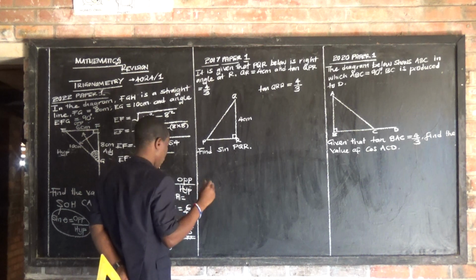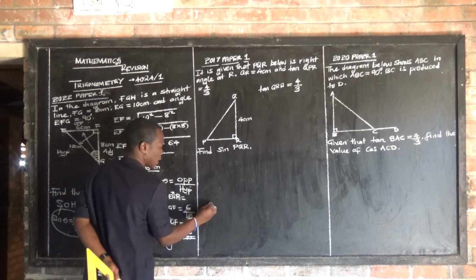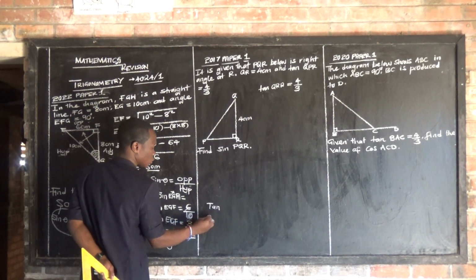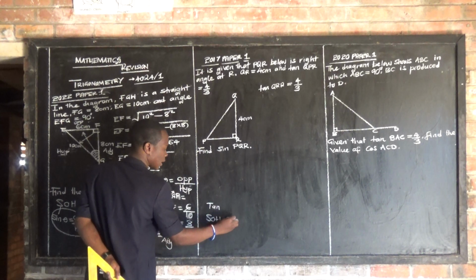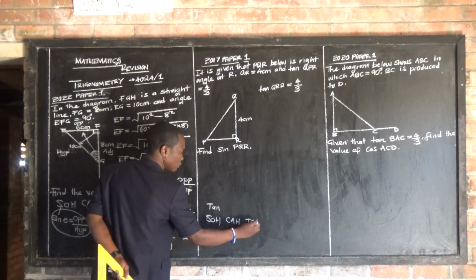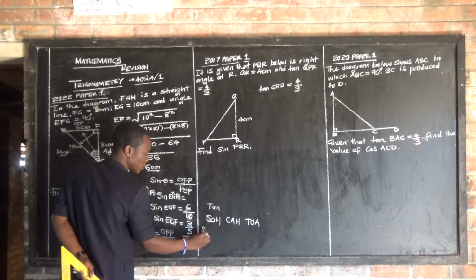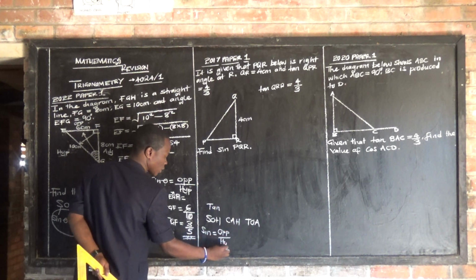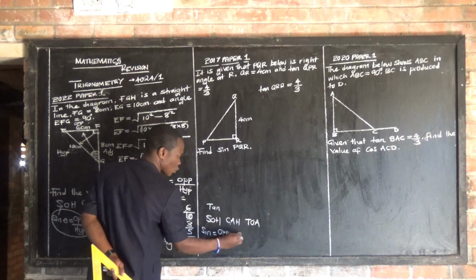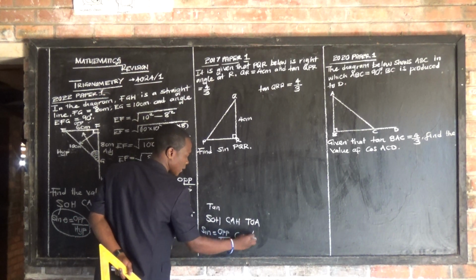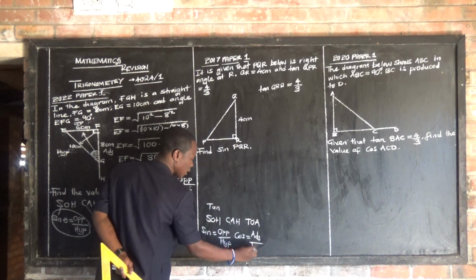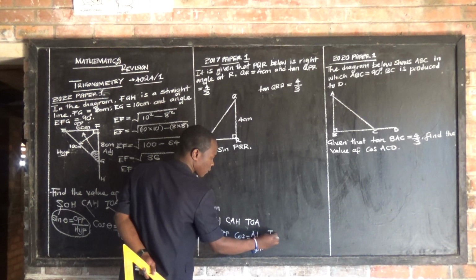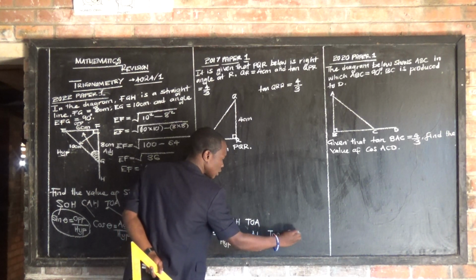Now we know that according to SOH CAH TOA, take note, let me just write SOH CAH TOA. So sine is equal to opposite over hypotenuse. Cos is equal to adjacent over hypotenuse. Then TOA, this is tan. Tan is equal to opposite over what?